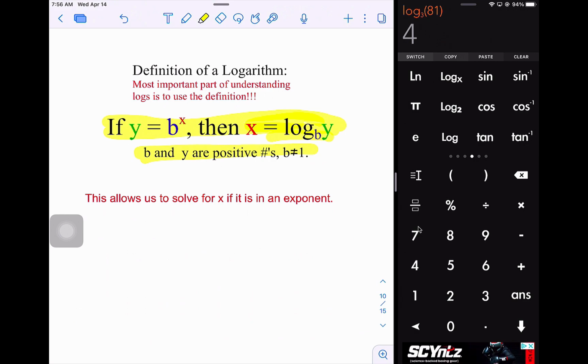So y is going to have to be positive. These restrictions are really coming from the exponential side of things that we talked about last week. But this is what we're going to do today. We're going to go back and forth between logarithmic and exponential form, because the better you get at this, the easier this chapter becomes as we move forward.